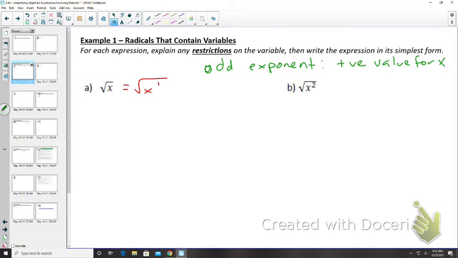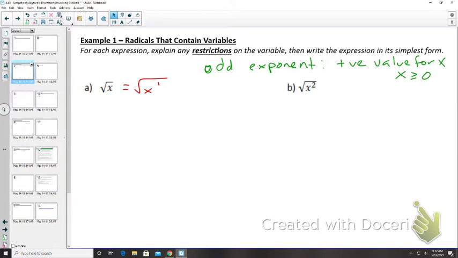Okay, because we cannot take the square root of a negative number, okay? We cannot do that. So if we have an odd exponent, we need to have a positive value for x. Or we could also say that x must be greater than or equal to 0.